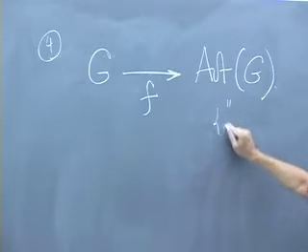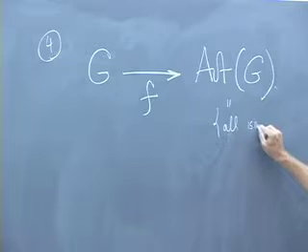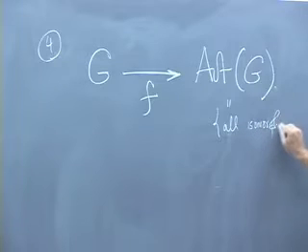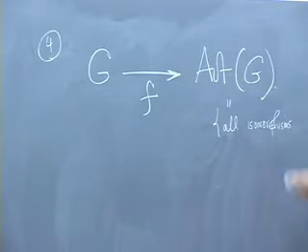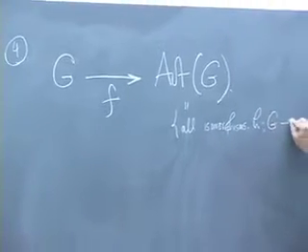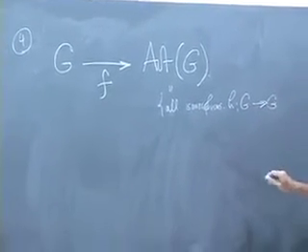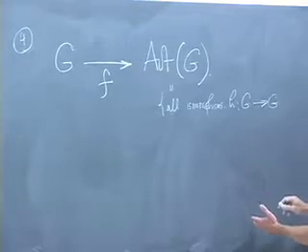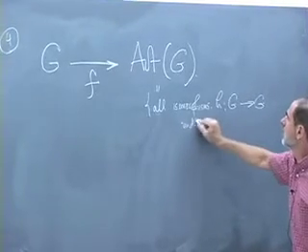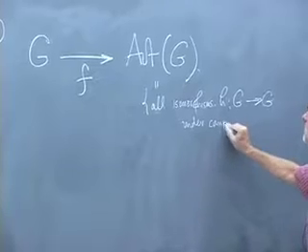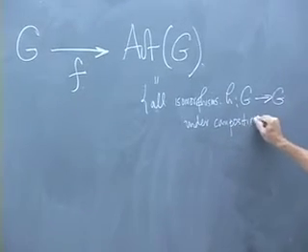This is all isomorphisms, let's call the isomorphism h, from G to G, under composition. Namely, the group law is composition of isomorphisms.